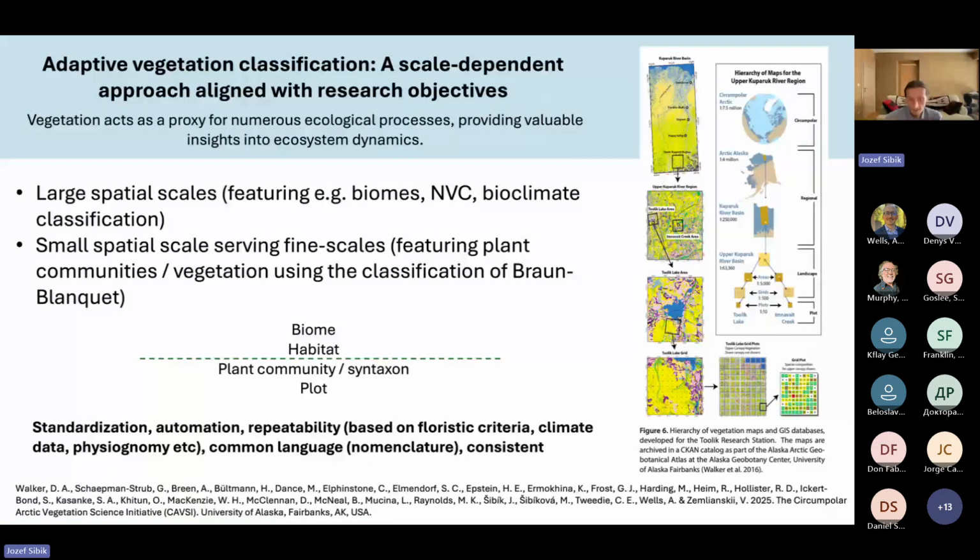And of course, the system must be consistent. So when we have a certain hierarchical level, we should consider, for example, climate. Then we should consider, for example, other factors like soil or humidity, and so on and so on. And this should be applied consistently through various levels of the hierarchy.